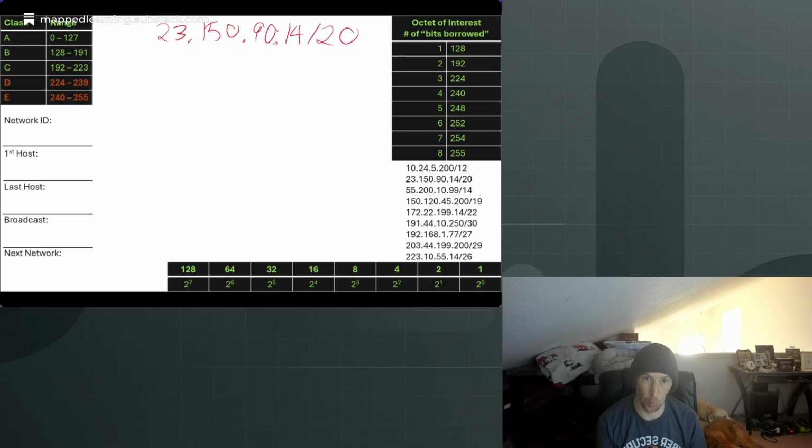So what is our octet of interest now? We take 8 plus 8, that's 16. So 20 minus 16 is 4. Now the third octet is our octet of interest. So everything to the left of that stays the same.